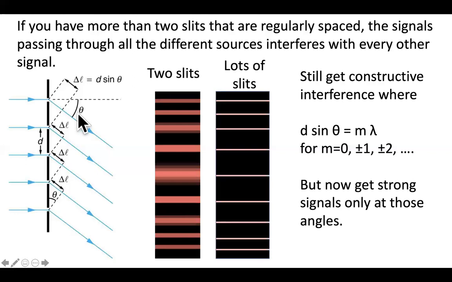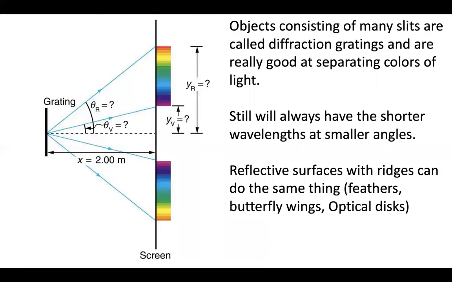Everywhere else, you don't get much at all. And it's still the case that different wavelengths go to different angles. And what you get is something that disperses light very well in an extremely controlled way.